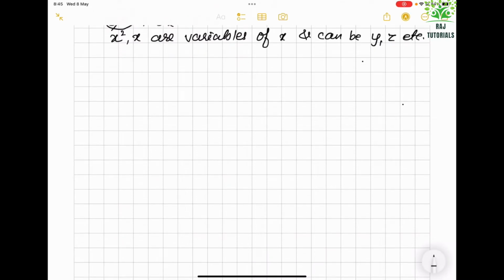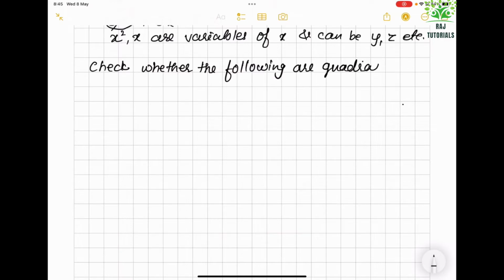It says, check whether the following are quadratic equations. The definition of a quadratic equation says first it should be an equation, meaning equal to 0, and the highest power should be 2.